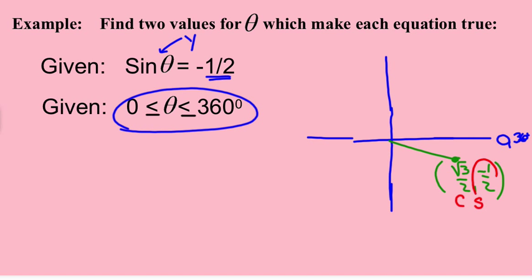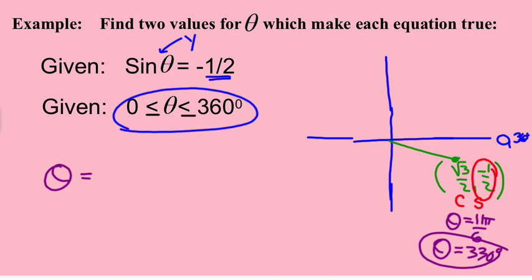This is the number we're looking for. What is that angle there? That angle for theta in radians is 11 pi/6. In degrees, which is what they want us to be in, is 330 degrees. So there is our first answer. One of the angles for theta, we'll call this theta 1, is 330 degrees.